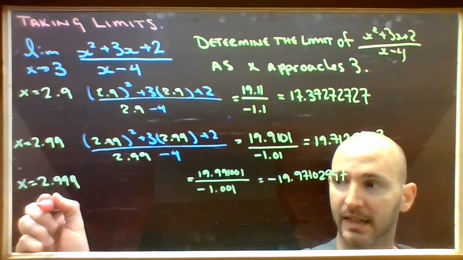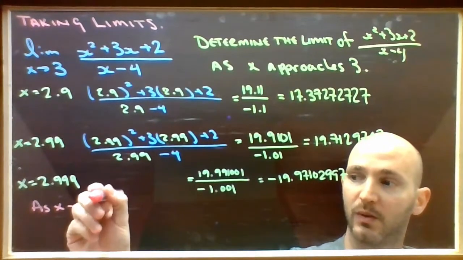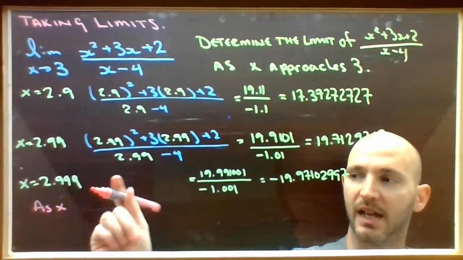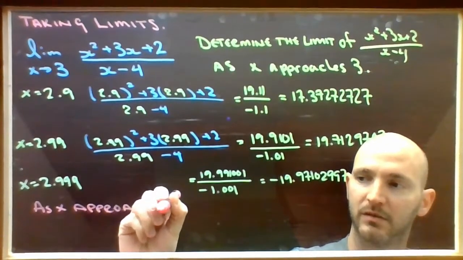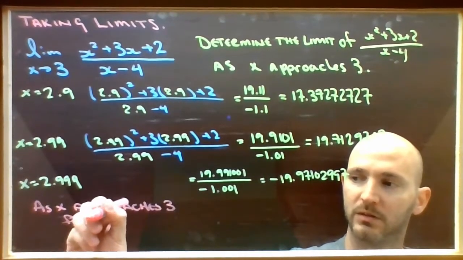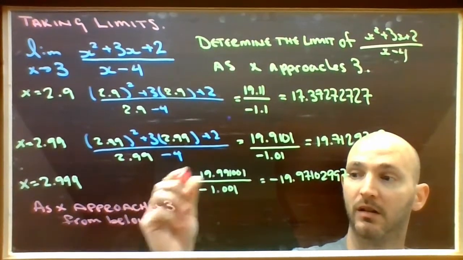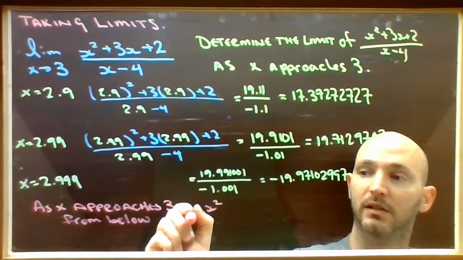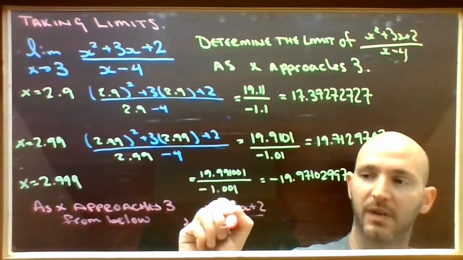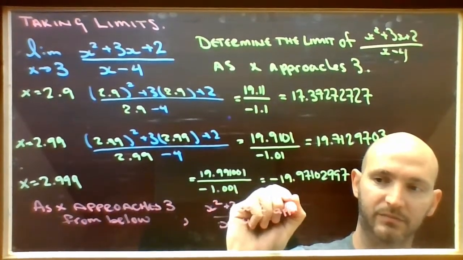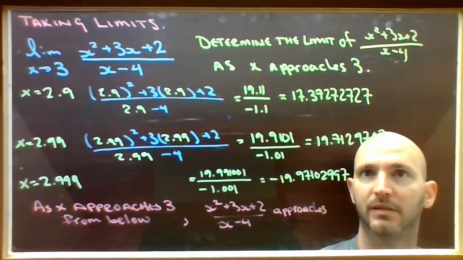So it looks like, as x approaches 3 from below, x squared plus 3x plus 2 over x minus 4 approaches, well, we're going to have to think about that.